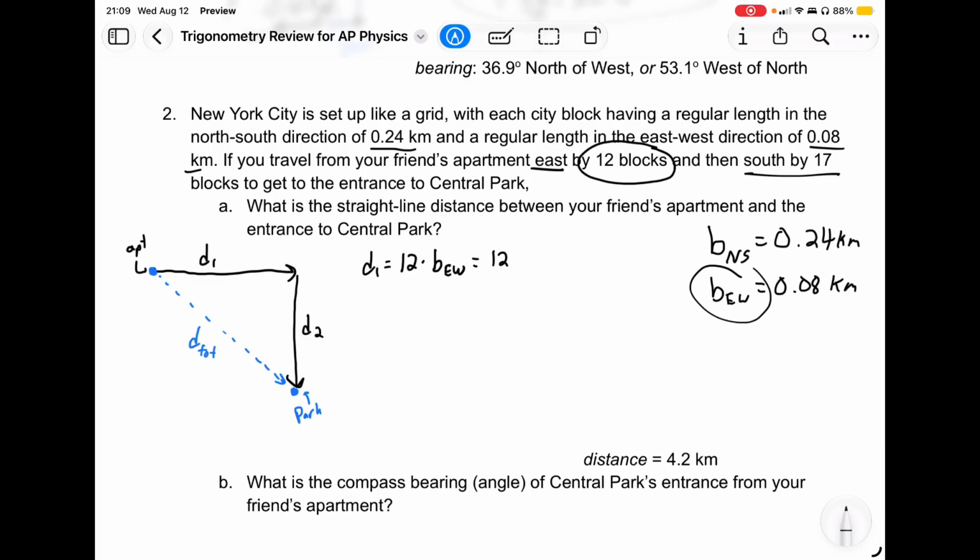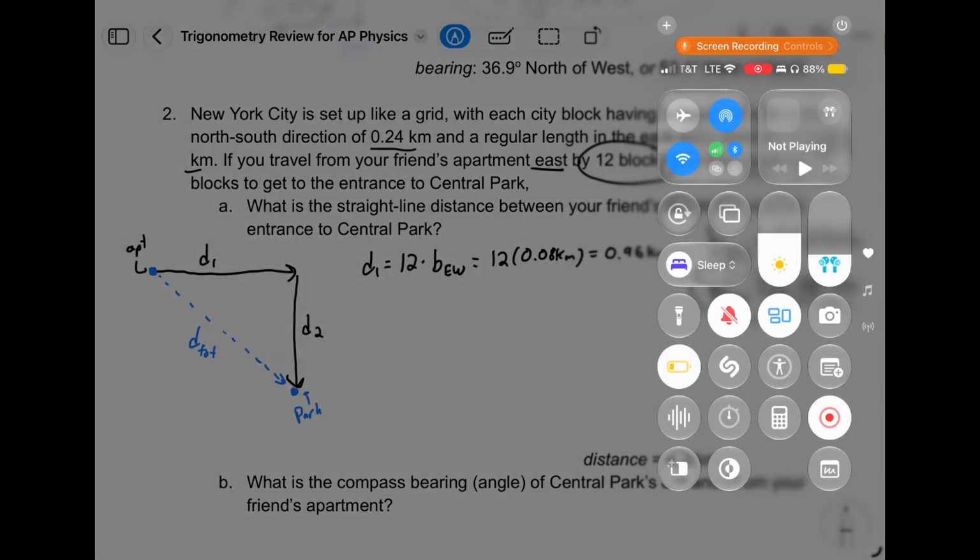So that's 12 times 0.08, and that should be 0.96 kilometers.